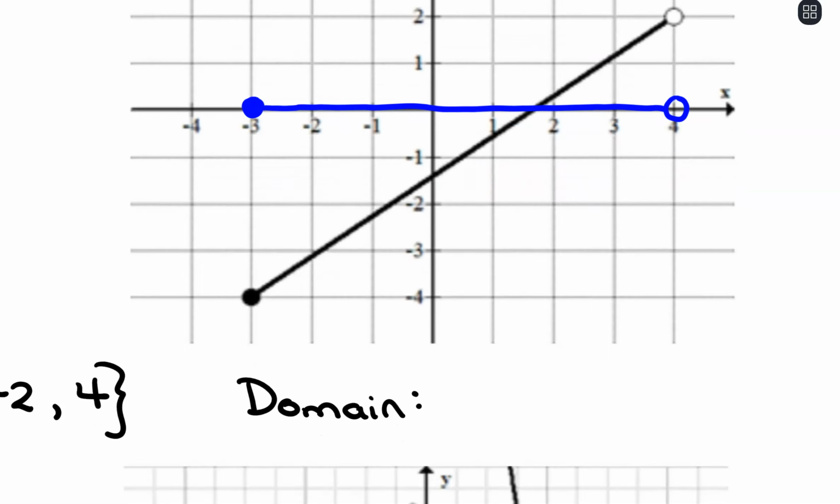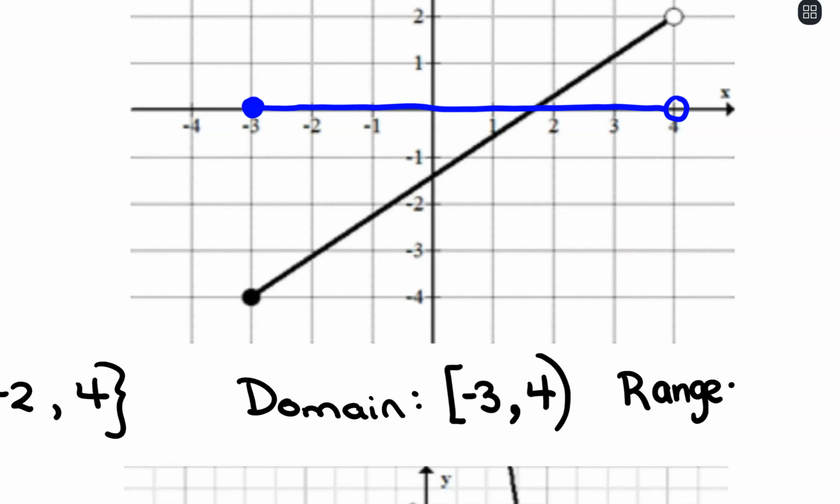So in terms of domain, I want to describe this interval of starting at -3 and including -3, and then going up to +4, but not including +4. So I'm going to use a square bracket with -3, comma, +4, and then I'll use a curved parenthesis to show that we're not including that endpoint there.